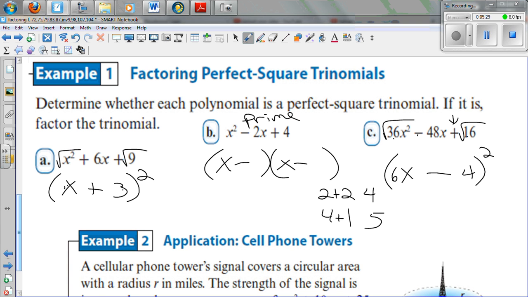And then let's check and see if that middle term worked. 6x times 4 is 24x, times 2 should be 48x. And do we get 48x in the middle? Yes, we do. And negative 24x plus negative 24x will give us a negative 48x. So that is indeed a perfect square trinomial.